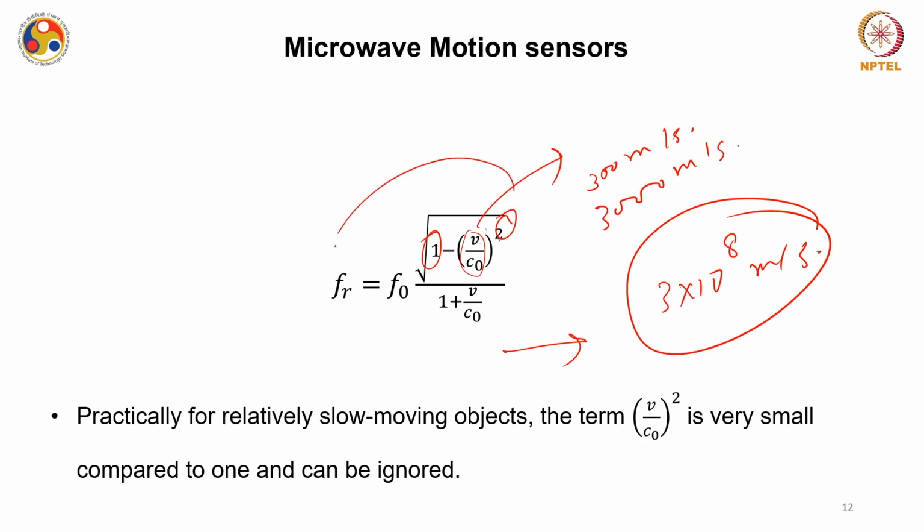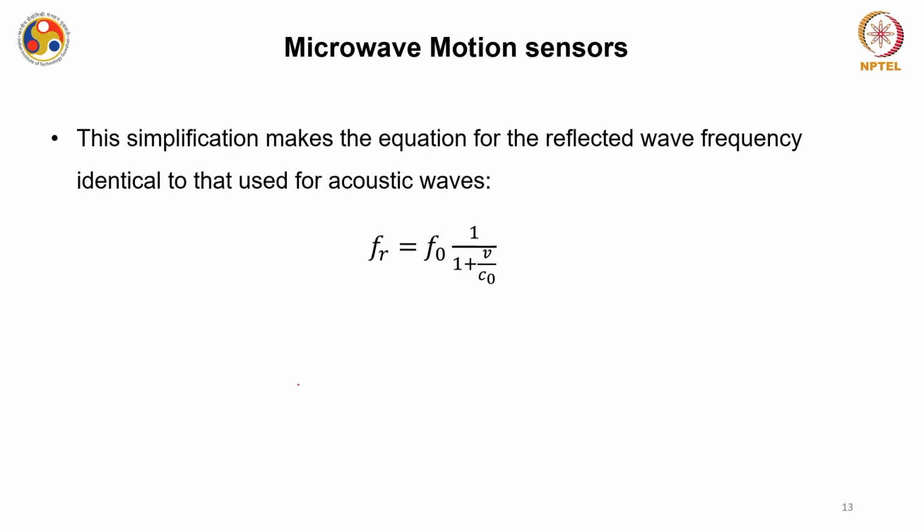Now if I neglect this, the term will become Fr equal to f naught by 1 plus v by c naught. This simplification makes the equation for the reflected wave frequency identical to that we use for acoustic or ultrasonic waves. So Fr is equal to f naught into 1 by 1 plus v by c naught.